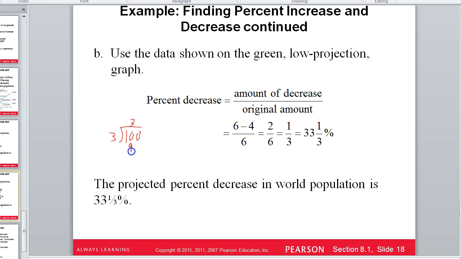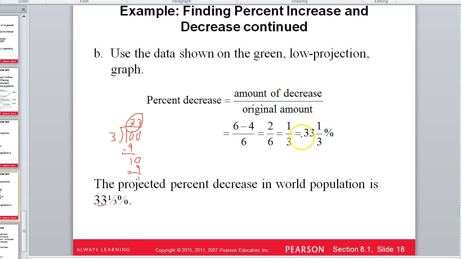That would be 3 times 3 is 9 minus 1. I bring down the 0. 3 goes into 10 again 3 times. Alright, I get a 9. So the remainder is 1. Alright, so there's the 33, and then the remainder is 1 over 3. So 1/3. So that's where that's coming from.